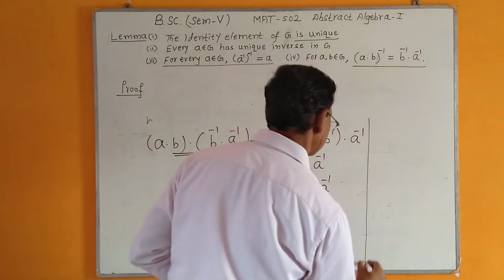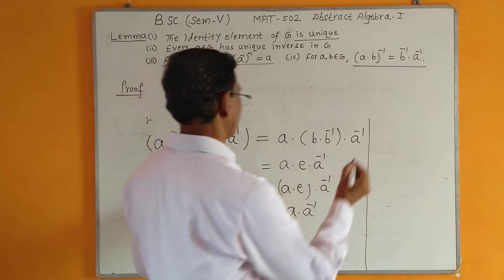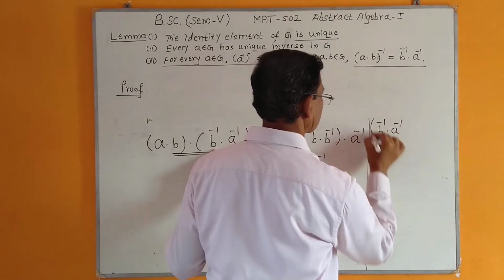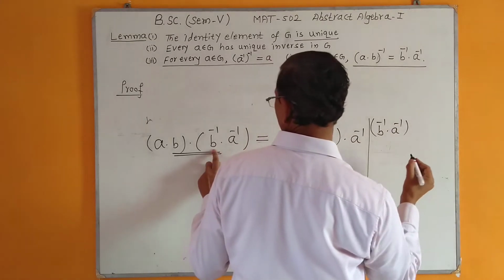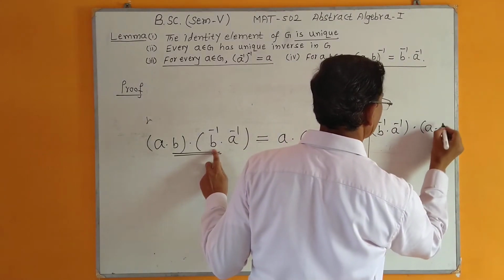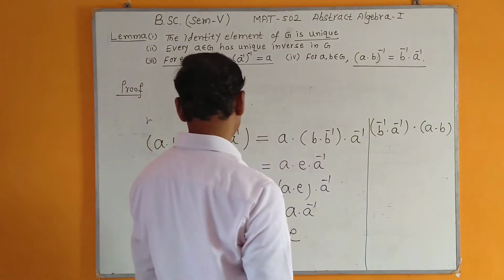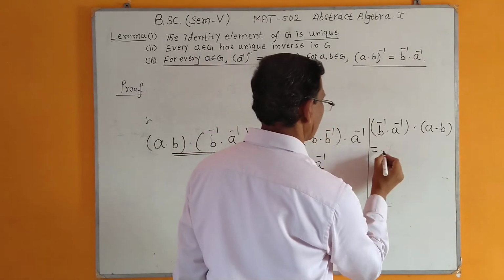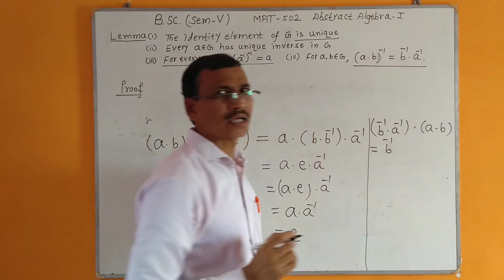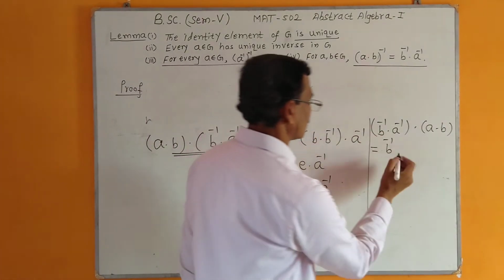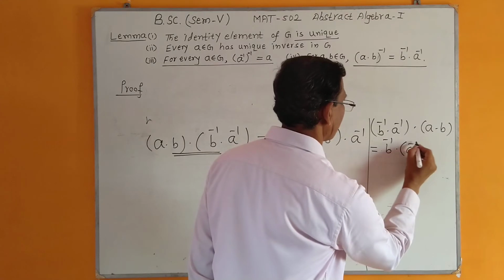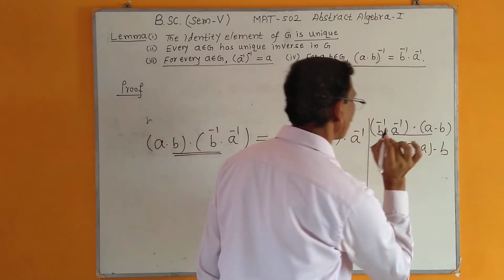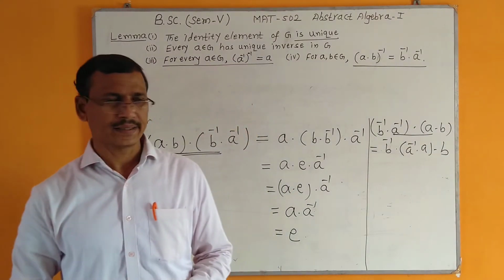I am proving here B inverse dot A inverse dot A dot B. Now this is equal to B inverse, apply the associative property, B inverse dot (A inverse dot A) dot B. These two elements taken in one bracket.